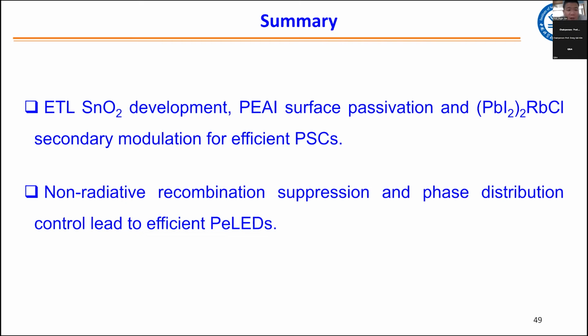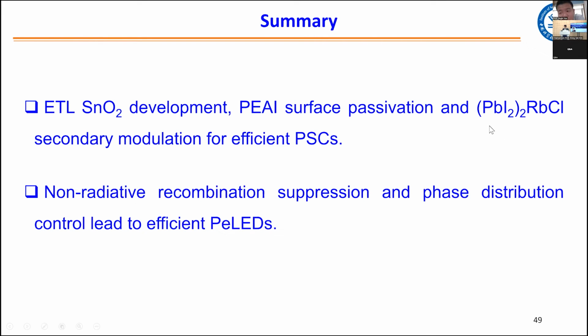Okay. Finally, I would like to summarize my talk. The first one, we have introduced tin oxide as the planar structure to reduce the hysteresis in the planar structures. And also we found some molecules such as PEAI itself could passivate the perovskite surface to reduce the surface recombination and increase the open circuit voltage of the perovskite solar cell.